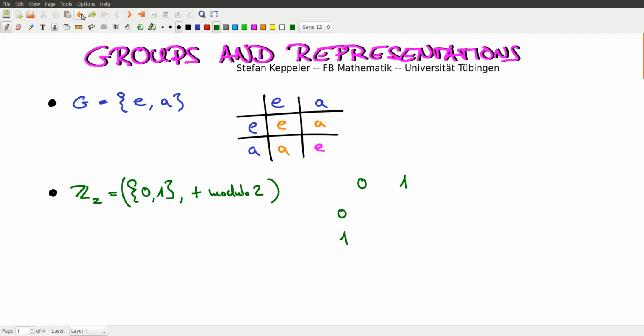Let's draw a group table. 0 plus 0 is 0, 0 plus 1 is 1, 1 plus 0 is 1. And now 1 plus 1 is 2, but that's the same as 0 modulo 2. So this is the same group table as above, but we just called the group elements differently.